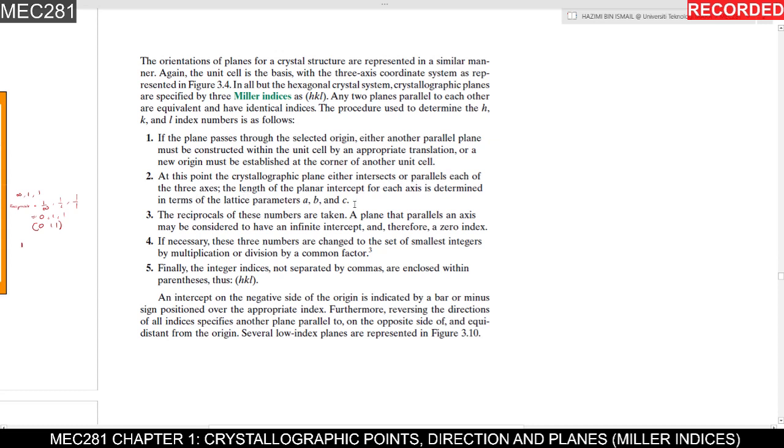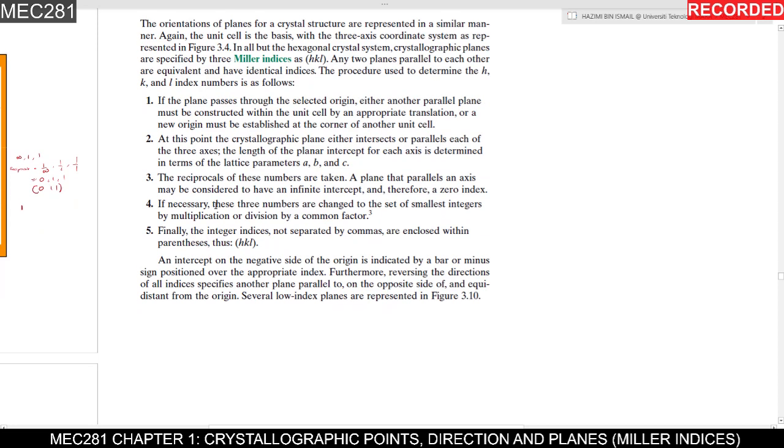The length of the planar intercept is determined. The reciprocals of these numbers are taken. A plane that is parallel to an axis must be considered to have an infinite intercept and therefore a zero index. If necessary, these three numbers are changed to the set of smallest integers by multiplication or division by a common factor.